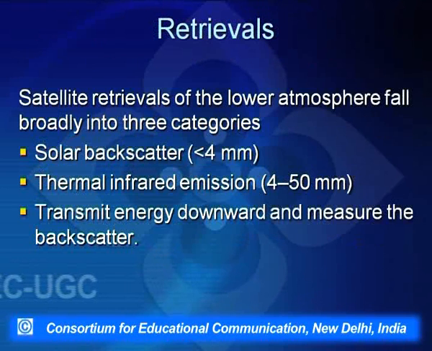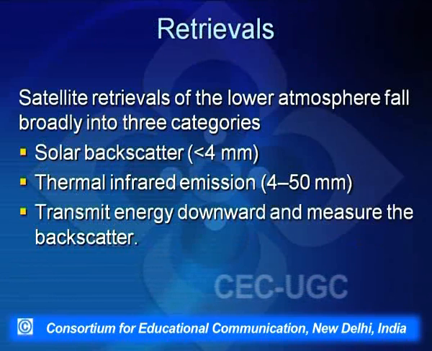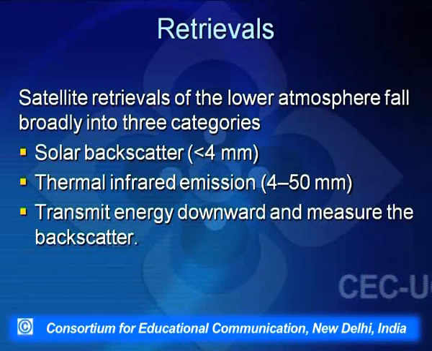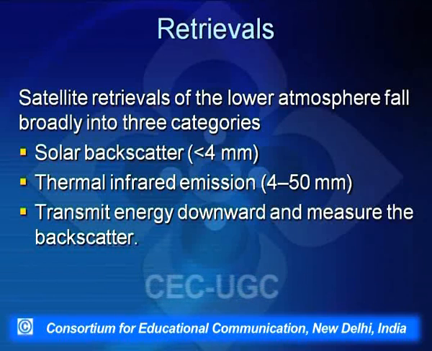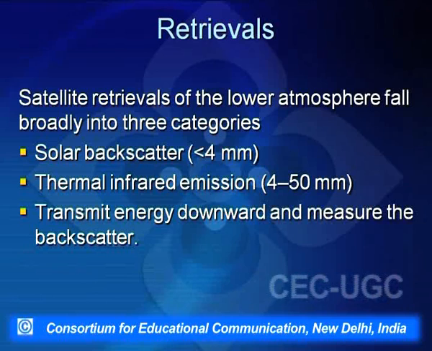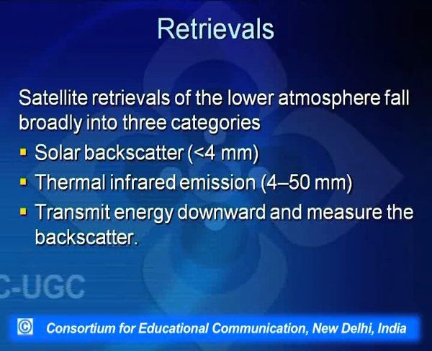Satellites use three different types of wavelengths. One is below 4 micrometer, also known as solar backscatter, and this is basically the light which comes directly from the sun and reflects back from the pollution, and it is retrieved by the satellites.